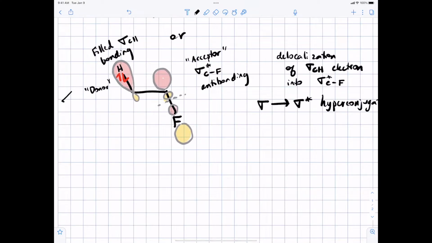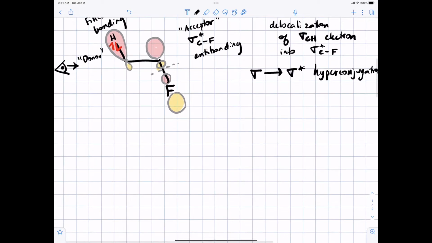Another view of this, which I don't know whether it is useful to you or not, is if we look down the carbon-carbon bond. Here's our carbon-hydrogen bond in the front. Here's our carbon-fluorine bond in the back. I'm not drawing some of the other bonds so that we don't get distracted. I'll draw the carbon-hydrogen sigma bonding orbital here in the front.